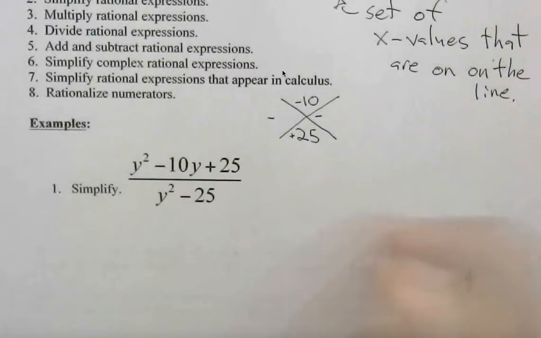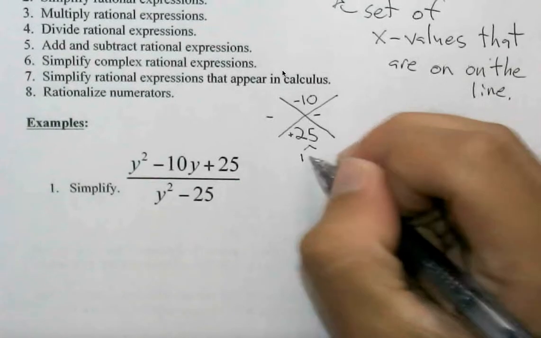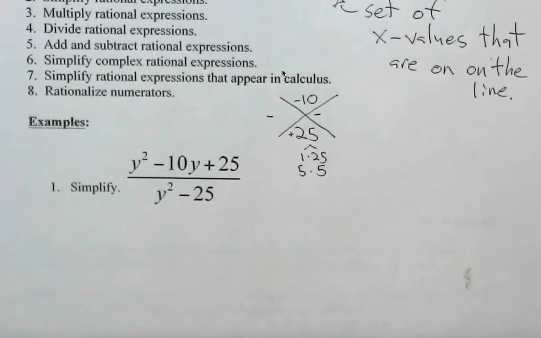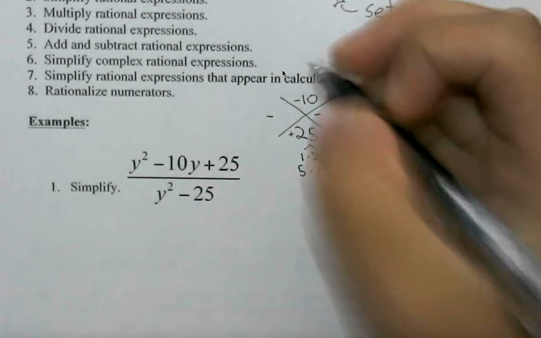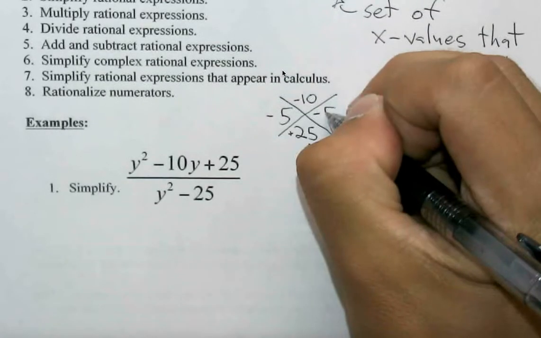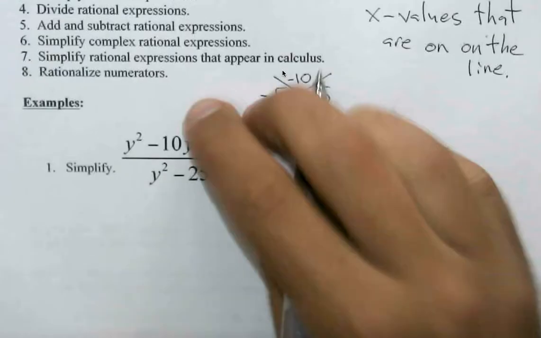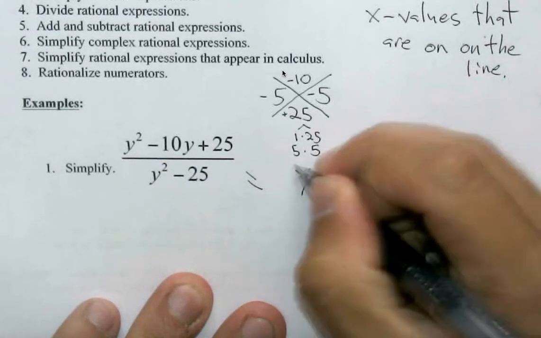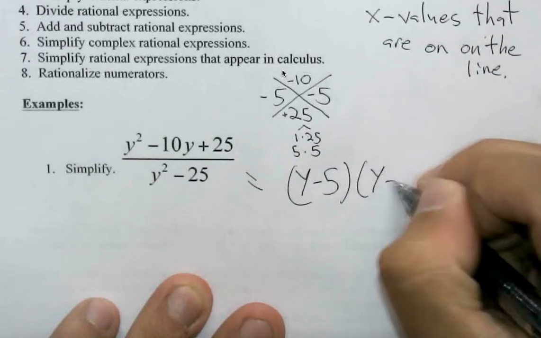Thinking factors of 25, we have 1 and 25. We also have 5 and 5. 5 and 5 is going to be the one that works best. So, at least for the top portion here, we can rewrite that as y minus 5, y minus 5.